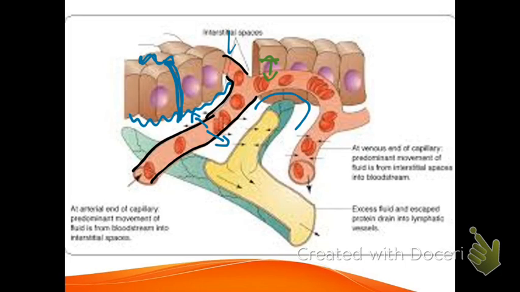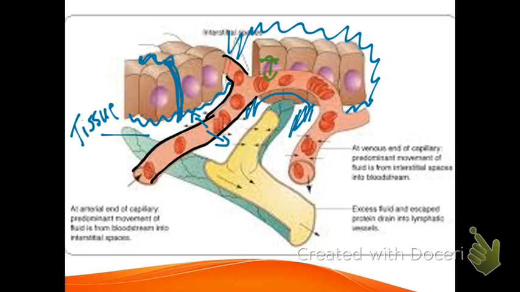That's why we have the tissue fluid all the way around, bathing these cells. Maybe I should write that down. In terms of what it contains, it is essentially the blood minus the cells, which is basically the plasma. You could also say it's basically the cytoplasm minus all of the organelles.